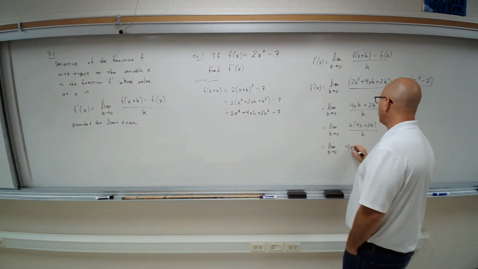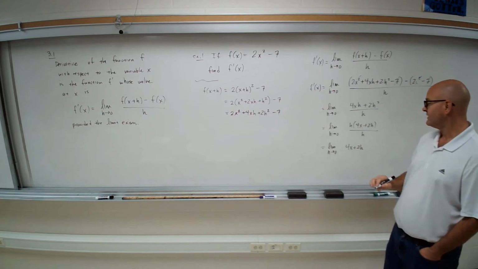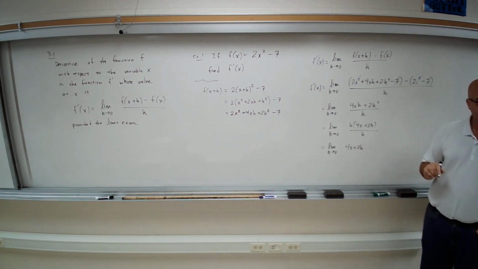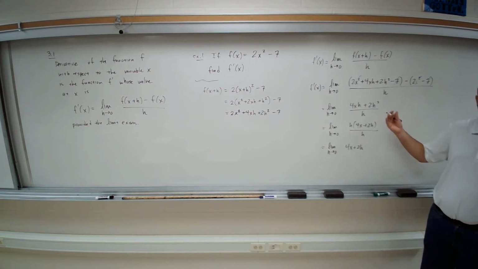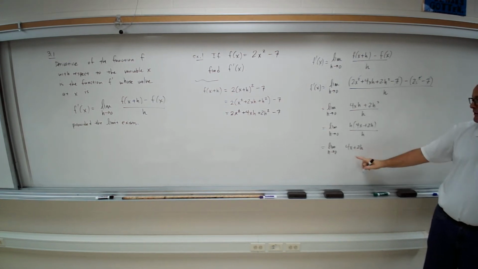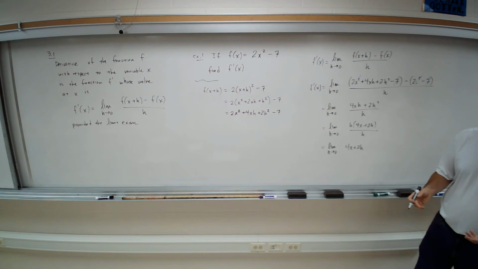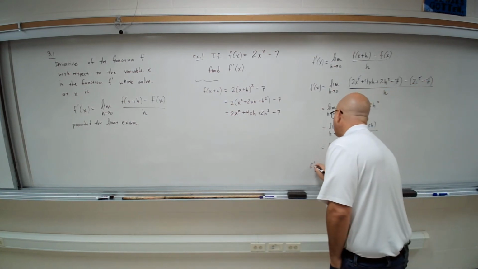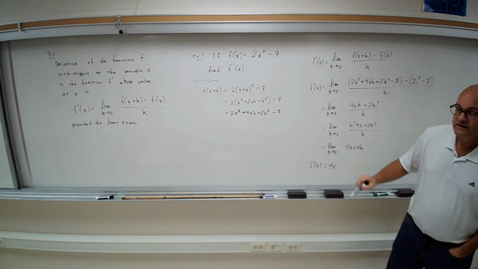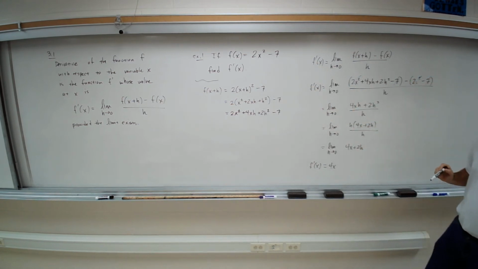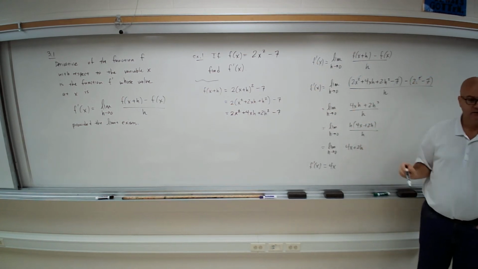Those cancel. We get 4x plus 2h. Can we evaluate the limit? Sure. So the h becomes 0. So 2 times 0 is just 0. And 4x remains 4x. So f prime of x is 4x. Right? So we'd say the first derivative of 2x squared minus 7 is 4x.